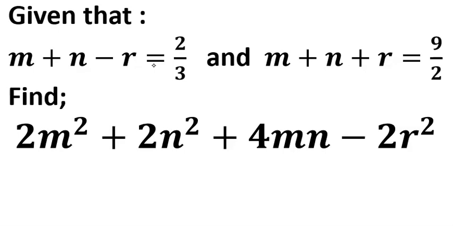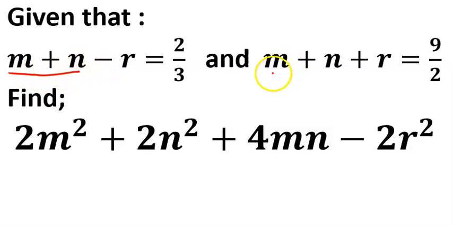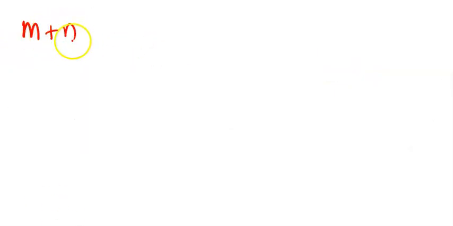Now, this is a question in algebra. Let's figure out something here. We have m plus n, and then minus r, and then plus r. Let's group this so that we have m plus n in brackets minus r is equal to 2 on 3.